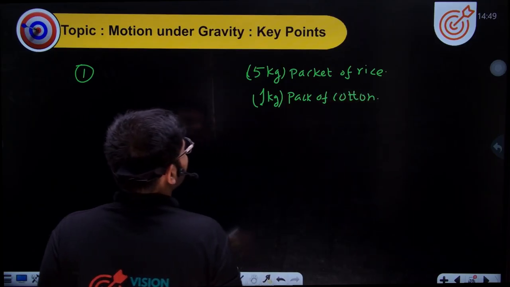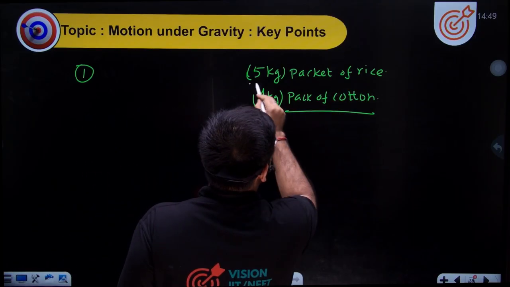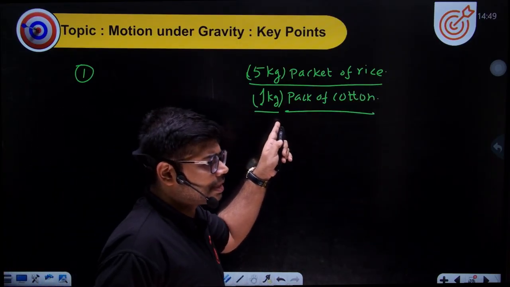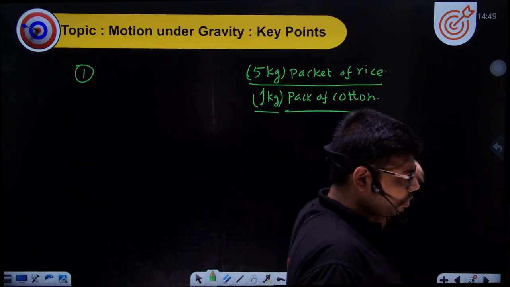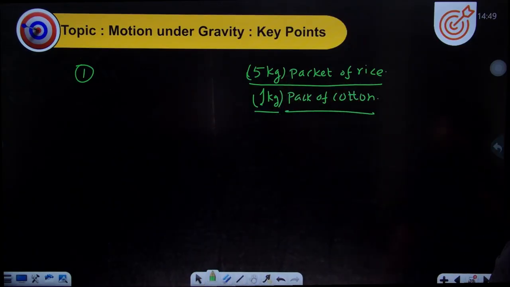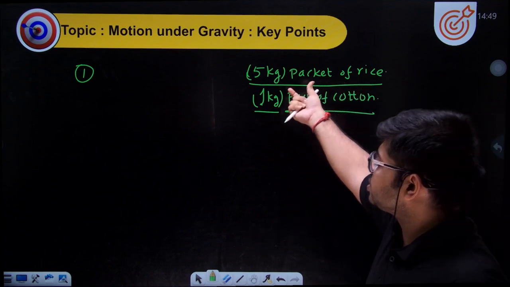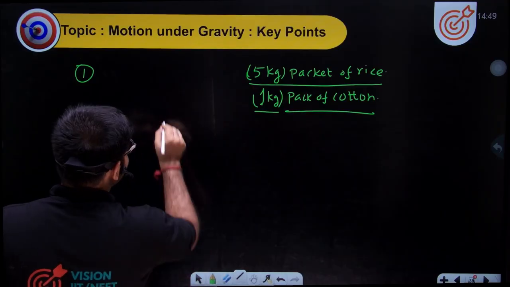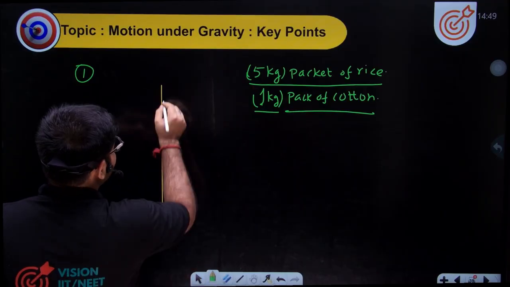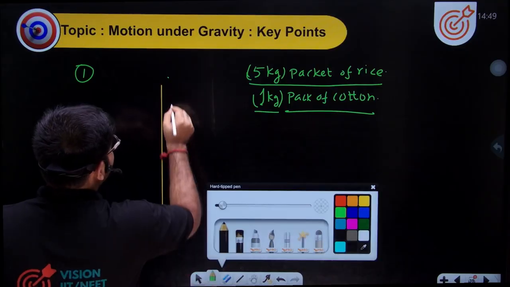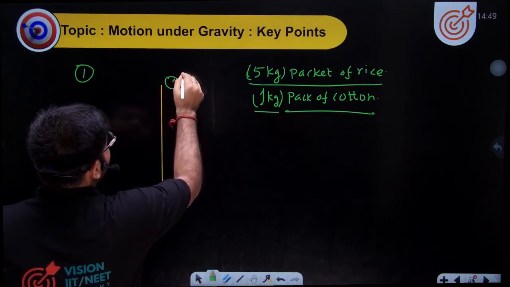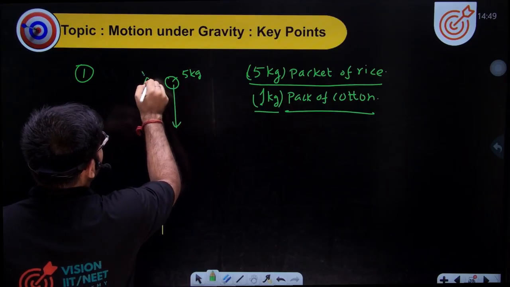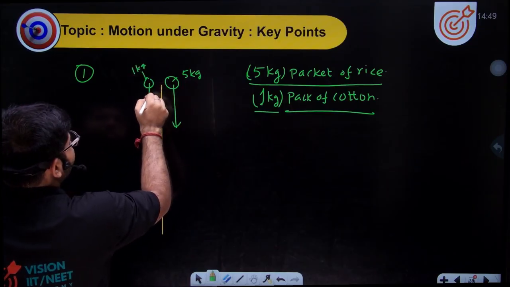Okay, so we can think in this way that the mass of this packet of rice, 5 kg, is more. So if you are throwing it from the same height, from the top, you first threw the 5 kg, and at the same time you threw the 1 kg also.